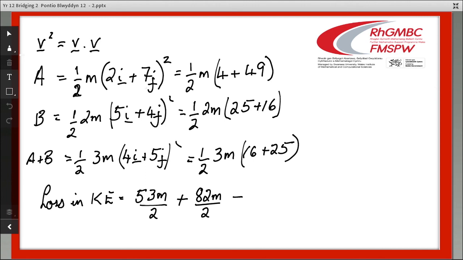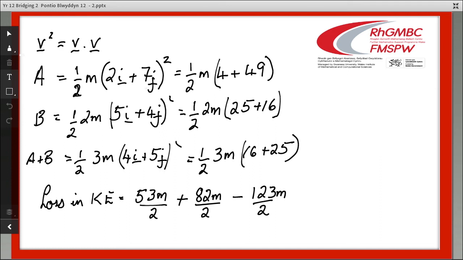And then it's going to be minus, that's 41, so it's going to be 123m over 2. So that's why, I know we've got calculators, but that's why I didn't do a half times the 2 for particle B. So they're now all over the same fraction, and I've missed the m out on the end because I'm not focusing, I'm talking. You must concentrate.